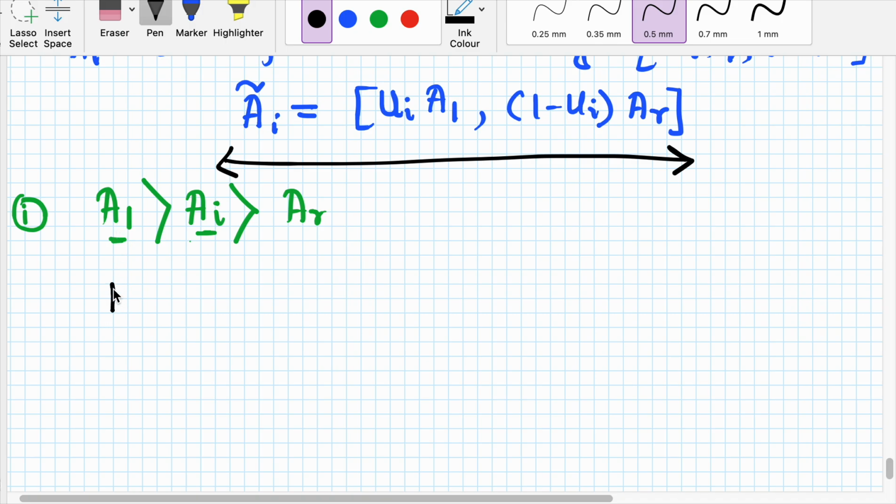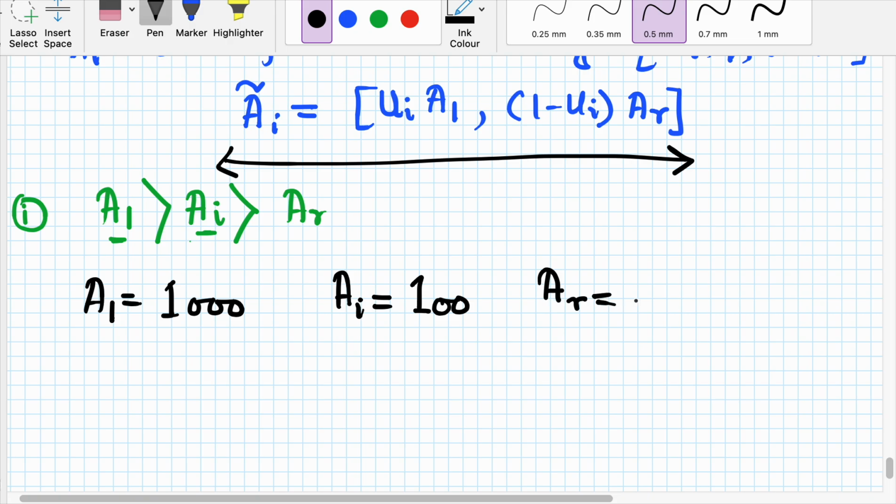Suppose A1 is 1000 rupees, AI is maybe 100 rupees, and AR is 10 rupees.